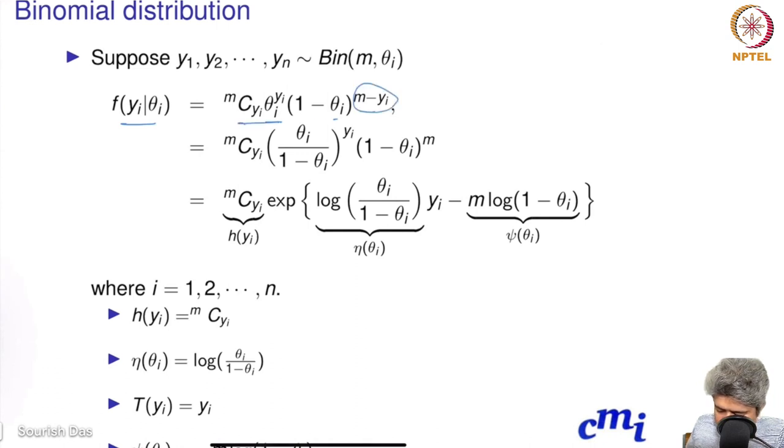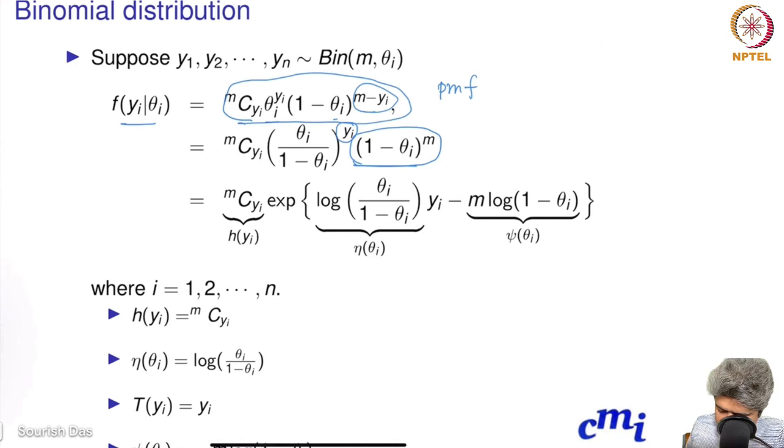This is the simple PMF of the binomial distribution. I can write the same PMF slightly differently, as (theta over 1 minus theta) to the power yi, and (1 minus theta) to the power m. Now you see this part does not involve any y.